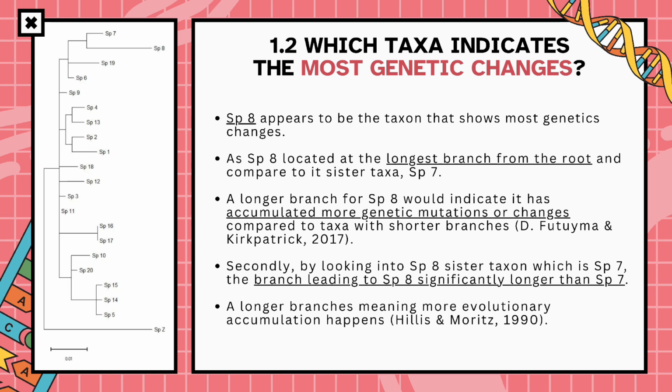According to Futuyma and Kirkpatrick in 2017, a longer branch for sp8 would indicate it has accumulated more genetic mutation or changes compared to taxa with shorter branch. Secondly, by looking into sp8's sister taxon, which is sp7, the branch leading to sp8 is significantly longer than sp7. According to Hill and Morris, a longer branch means more evolutionary accumulation happens.